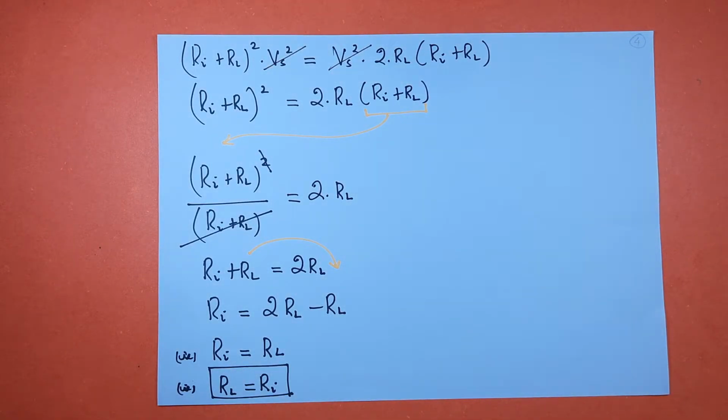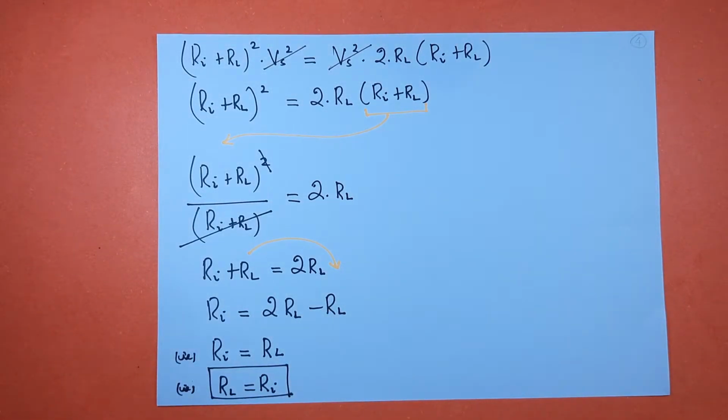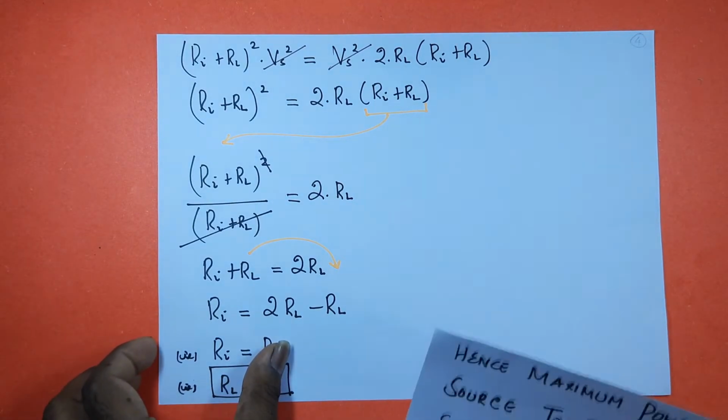It becomes Ri plus RL the whole square divided by Ri plus RL equal to 2RL. So this Ri plus RL and the square get cancelled. You get Ri plus RL equal to 2RL. Now take this RL to the other side. Ri equal to 2RL minus RL. Ri equal to RL. In other words, RL equal to Ri.